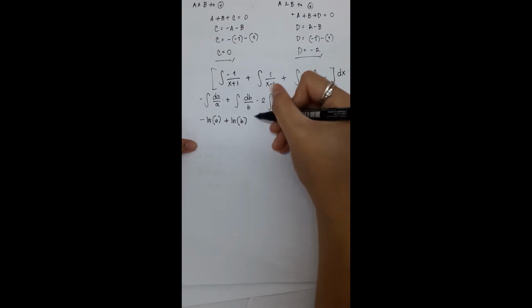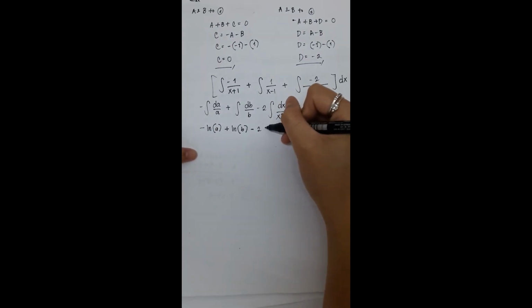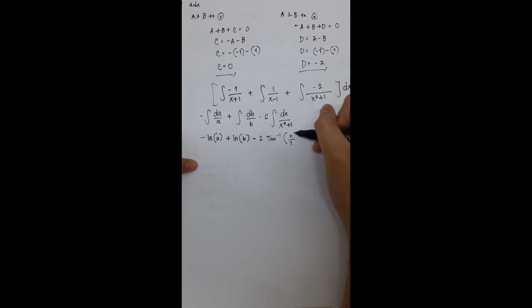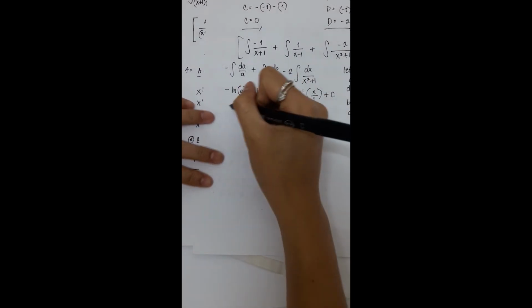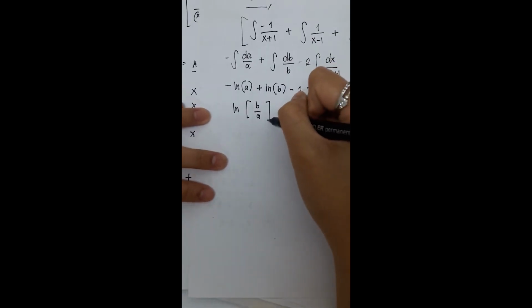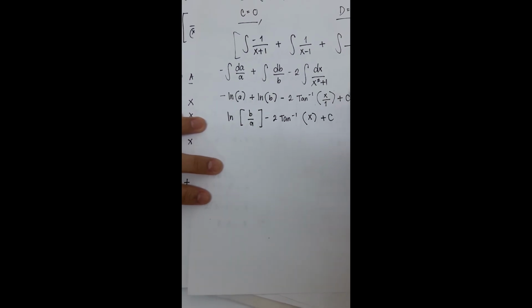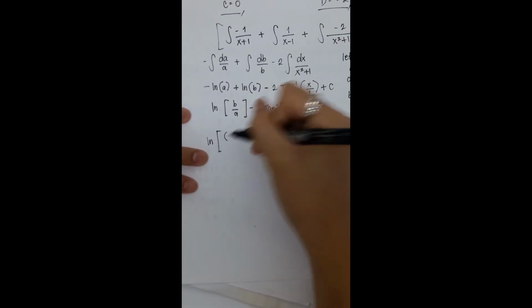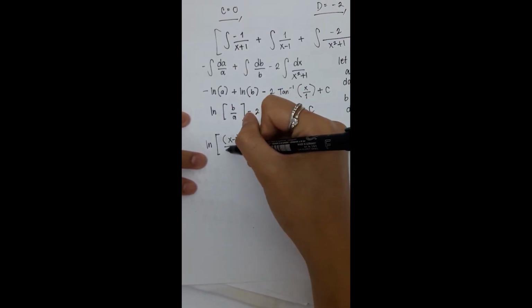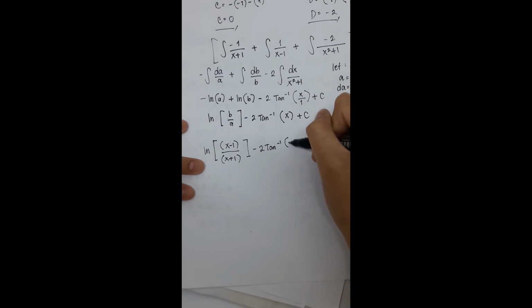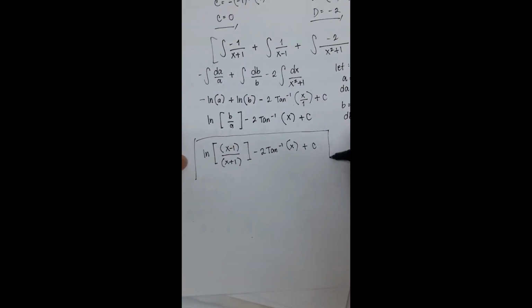So the formula for this certain integration is negative 2 arctangent of x all over your constant, the square root of your constant, which is equal to 1, plus C. Simplifying using the properties of ln, that will be ln of b over a minus 2 arctangent of x plus C. Now substituting the original values of a and b to our answer, that will be ln of x minus 1 over x plus 1 minus 2 arctangent of x plus C. So now this is our final answer.